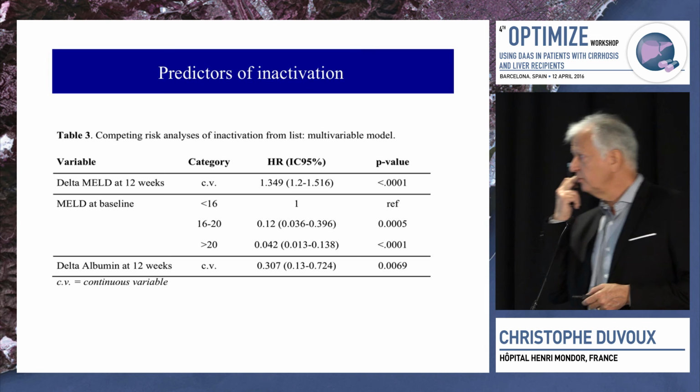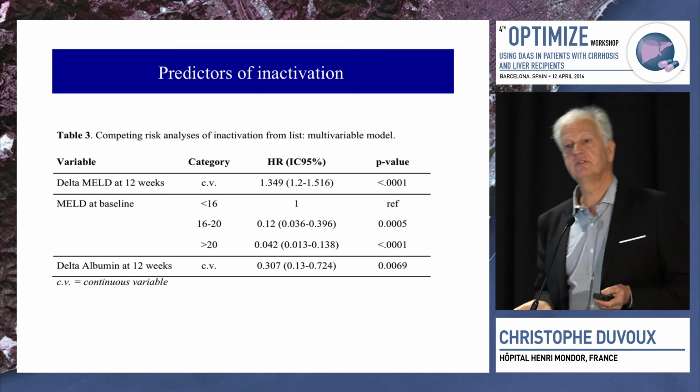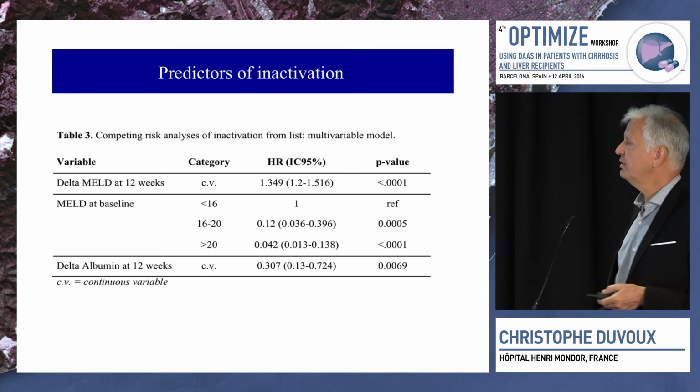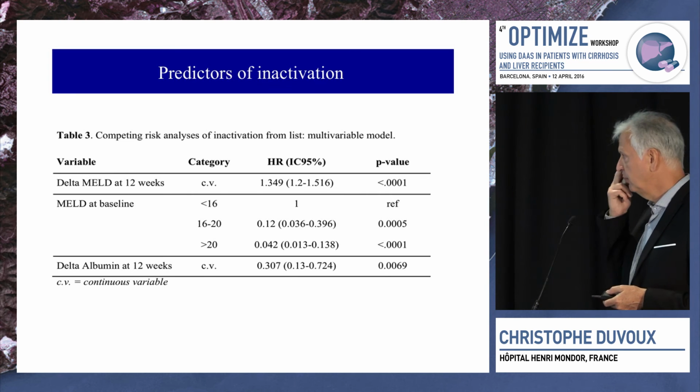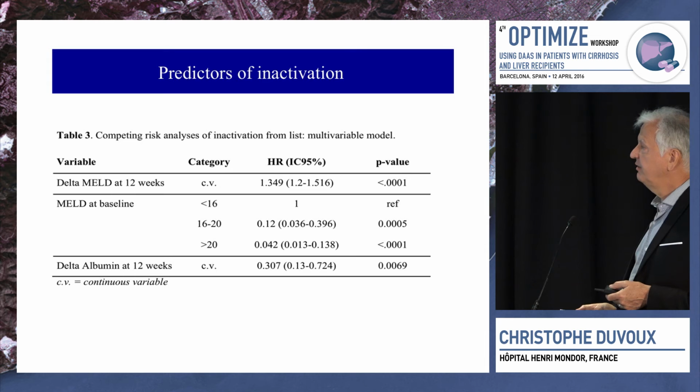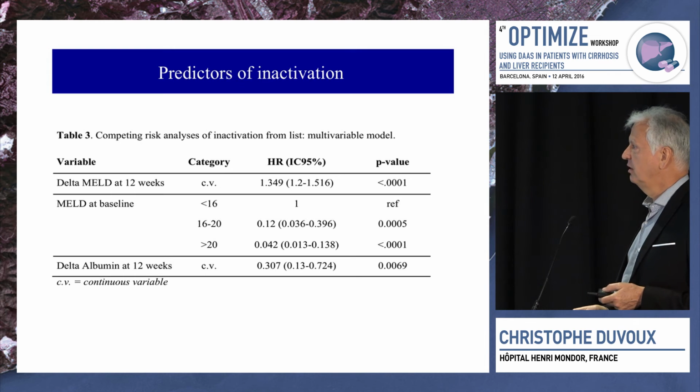And then we moved to try to define some predictors of inactivation. By using competing risk analysis and a multivariable model, a quite sophisticated model here, we identified 3 predictors of inactivation. MELD at baseline: the higher the MELD, the lower the probability to be inactivated.